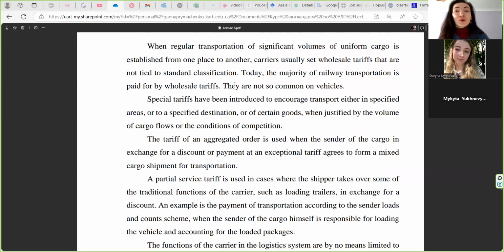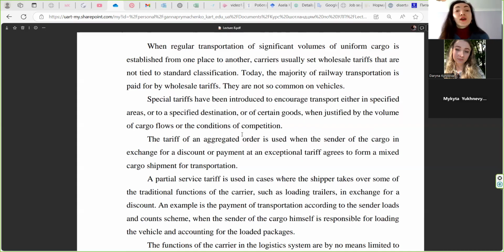They are not so common in vehicles. Special tariffs have been introduced to encourage transport either in specific areas, to a specific destination, or of certain goods when justified by the volume of cargo flows or the conditions of competition.